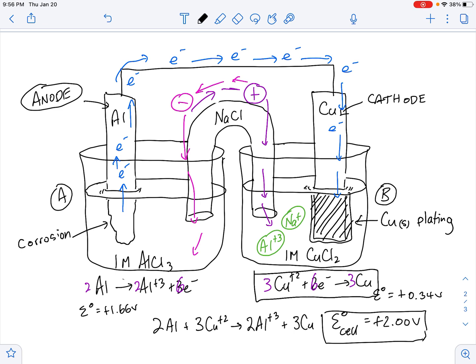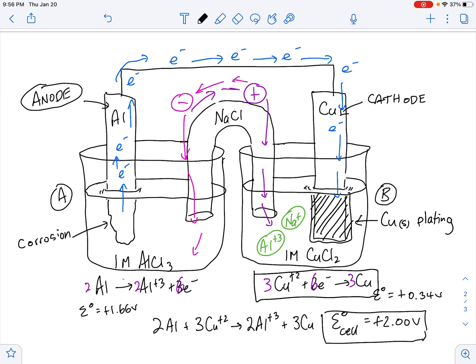This principle applies to the engineering of batteries, and all batteries work on this principle in one way, shape, or form, and they have obviously some modern engineering techniques that are used to make a reversible battery. As we've learned, chemical reactions tend to be reversible, and so to reverse this you would actually put an external power source into the circuit, where the electrons are flowing, and you would force the electrons to go the other way.